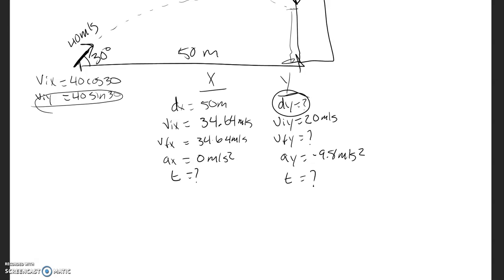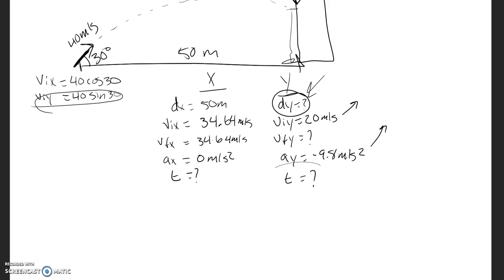Take a second to look at what it is that you know. We're trying to find dy. In the vertical motion, you only know two things: the initial velocity and the acceleration. We need one more. What's one thing we've solved for in all the other problems?